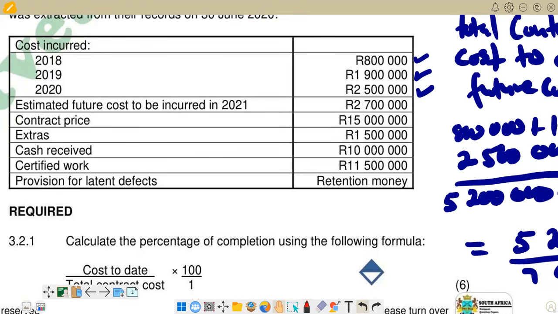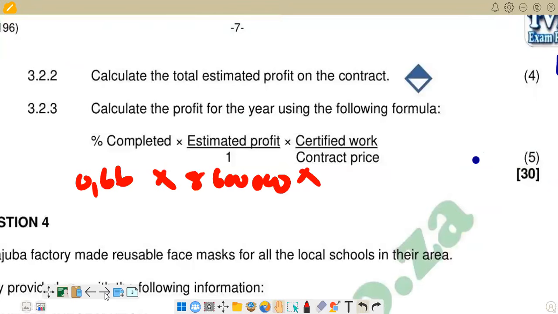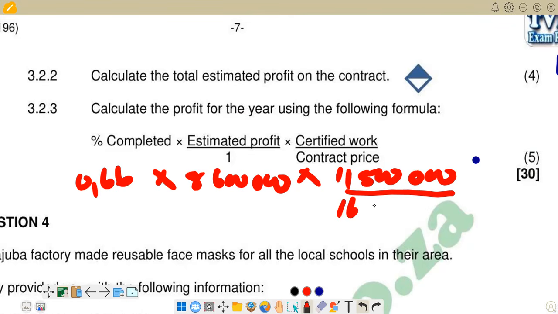So that's the figure that we are going to put for certified work. And remember, it's over the contract price, which we got as we added 15 million plus 1,500,000 to get 16,500,000.